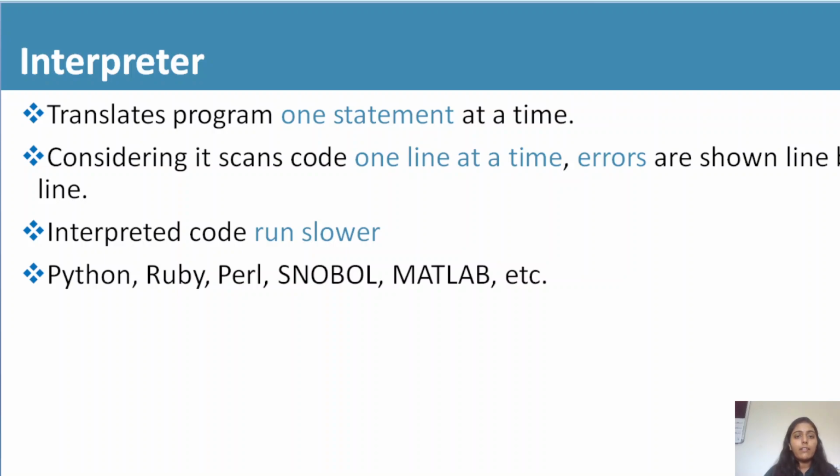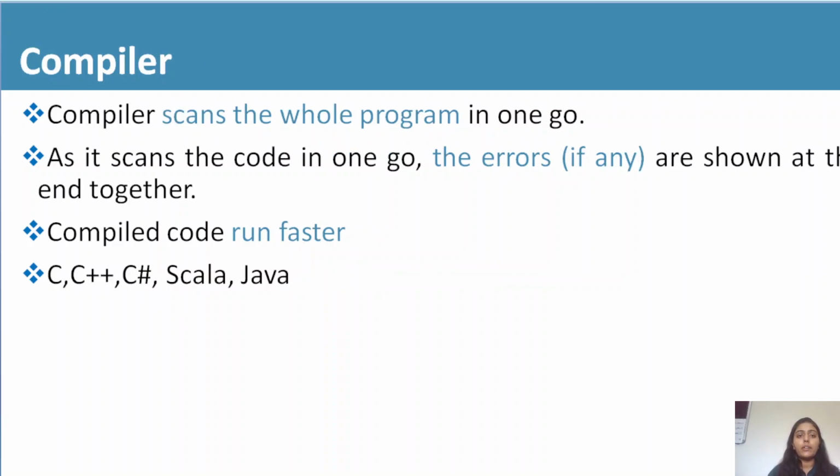An interpreter translates the program one statement at a time, scanning code one line at a time. Errors are shown line by line. Interpreted code runs slower. Python, Ruby, Perl, Snobol, MATLAB, etc. are examples of interpreted languages.